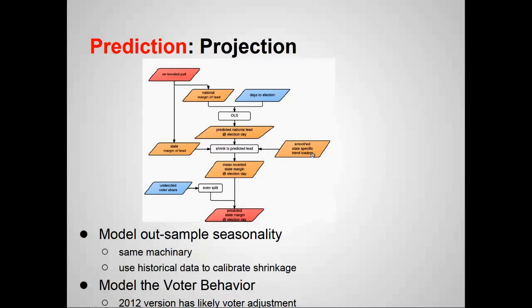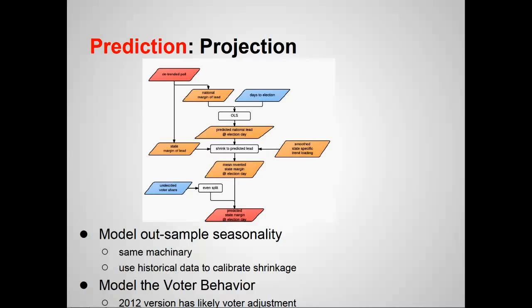The smoothed state coefficient trend loading has similar machinery as we did before, but actually when Silver did it, he had different weighting on the polls. So they are not exactly the same, which reflects the difference between propagation and prediction. So you will get the mean reversion, and you get basically a predicted lead of each candidate in each state.